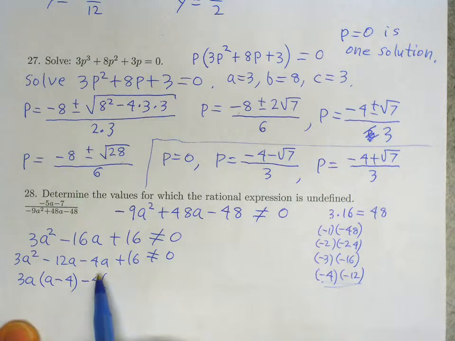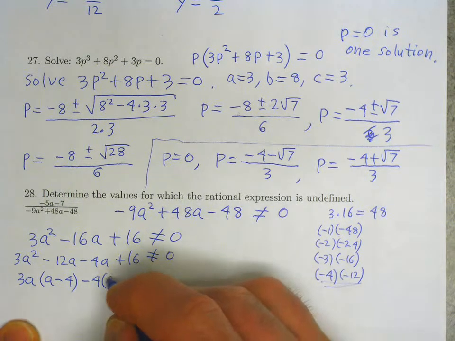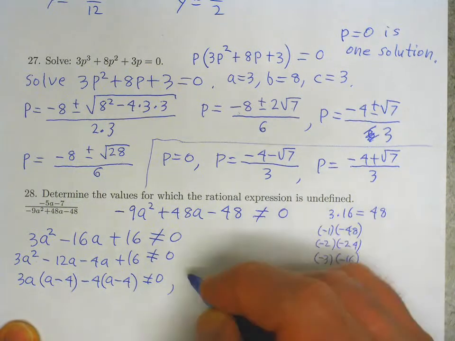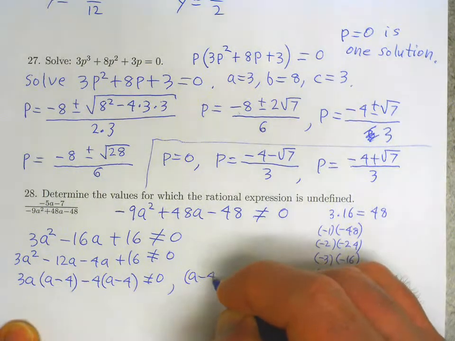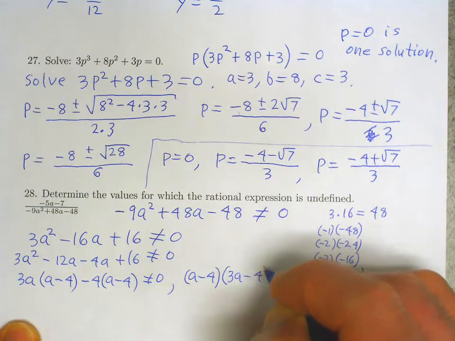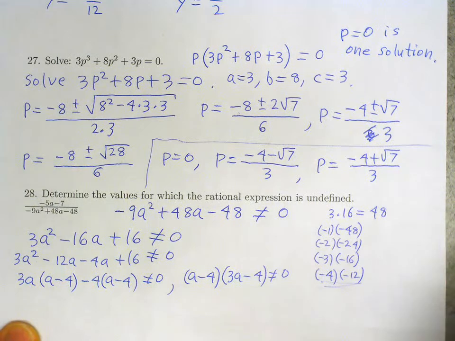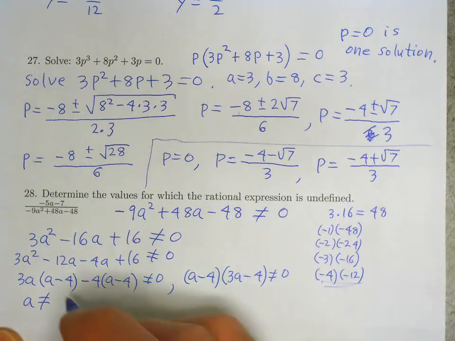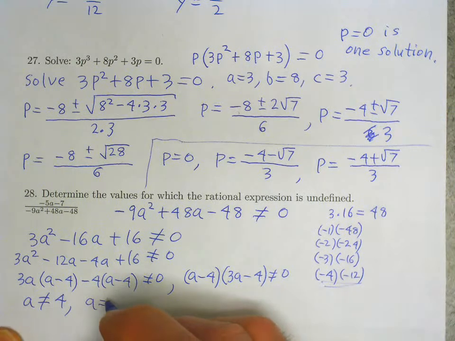So factor negative 4 out of those two terms, we're left with a minus 4. And then a minus 4 times 3a minus 4 does not equal 0. So the restricted values are positive 4 for a and also positive 4/3.